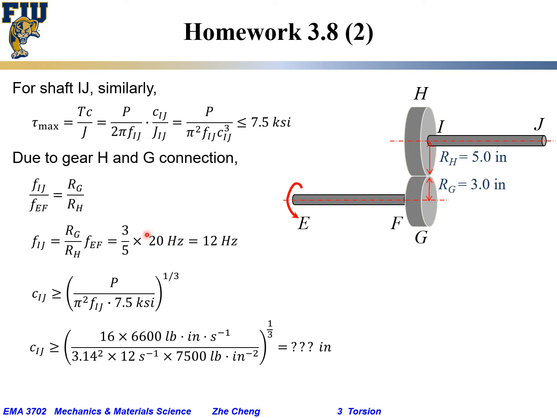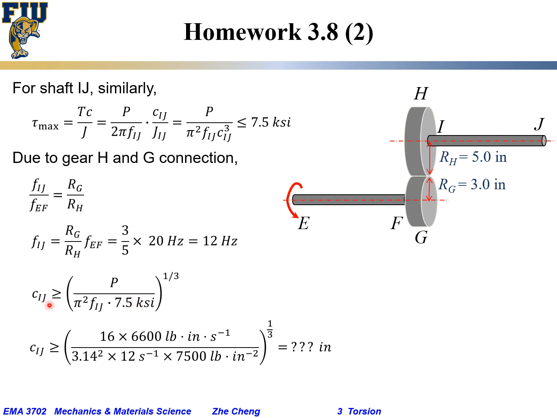Frequency for EF is 20 Hz, RG is 3, and RH is 5. Because IJ is connected to a larger gear, its frequency is lower: 20 Hz times 3/5 is 12 Hz. That makes sense: larger gear, lower frequency; smaller gear, higher frequency.